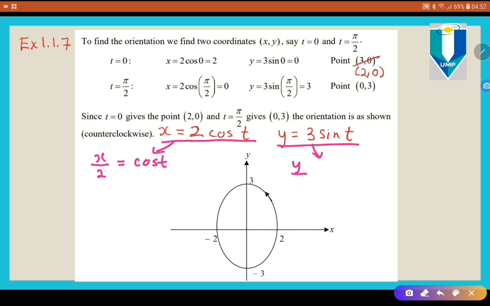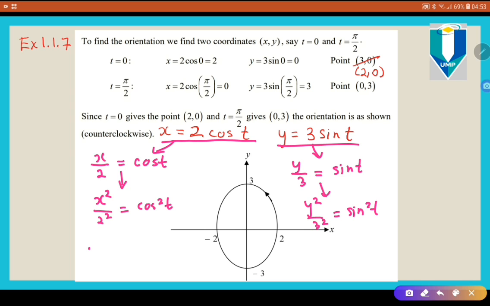We get y over 3 equivalent to sin t. And from here, if we square both sides of the equation, we get x squared over 2 squared equivalent to cos squared t. And from this other equation, we square both sides. We get y squared over 3 squared equivalent to sin squared t.